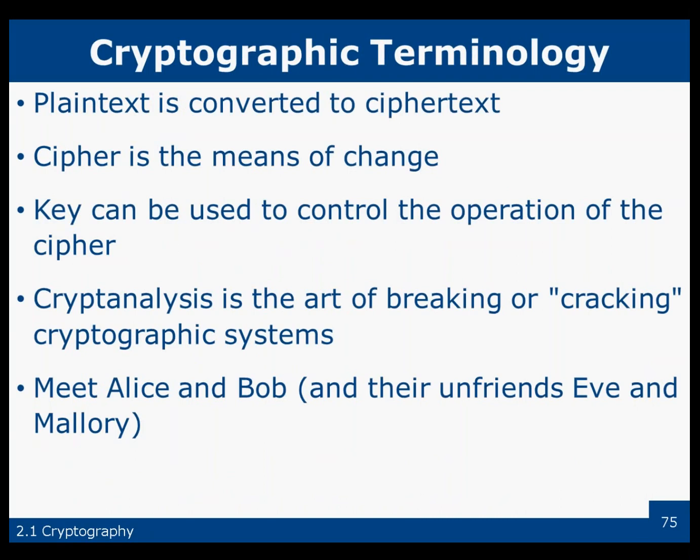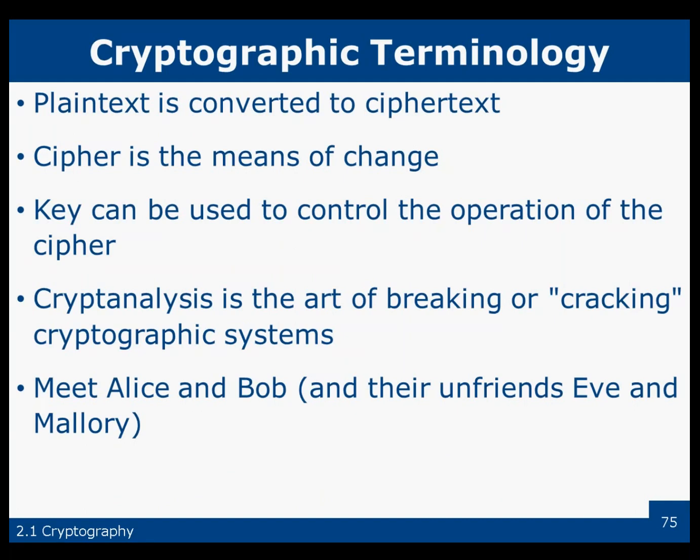Terminology in cryptography: plain text is what you would type out on your keyboard in Word or Notepad or whatever else, and that is converted to ciphertext using a key and an encryption algorithm.